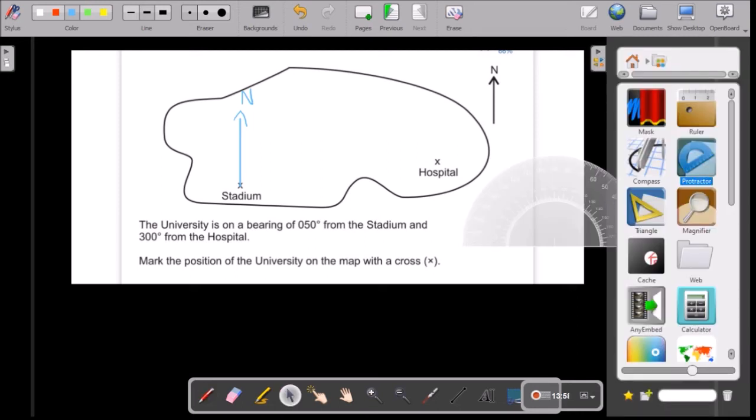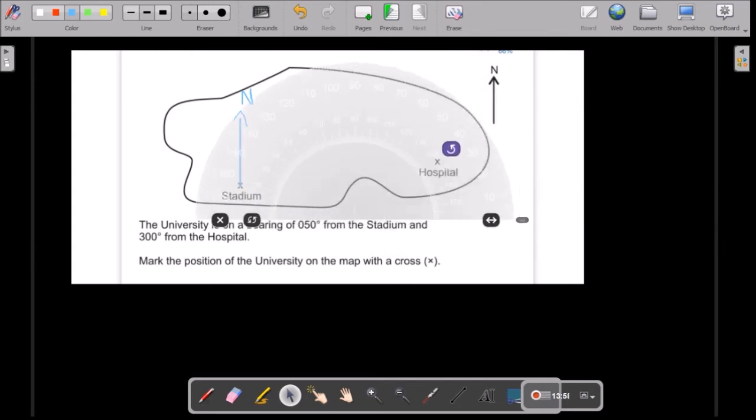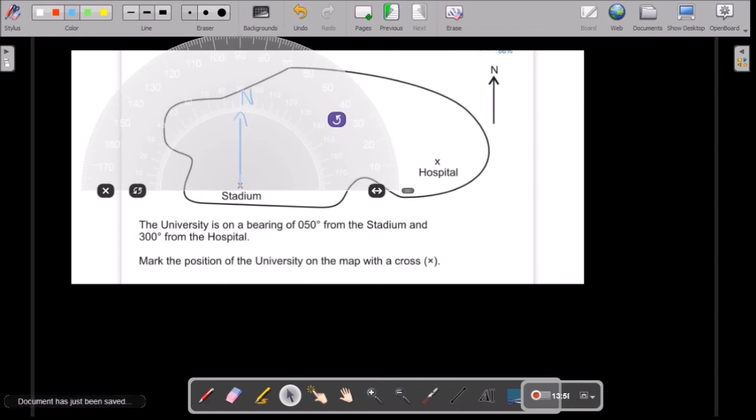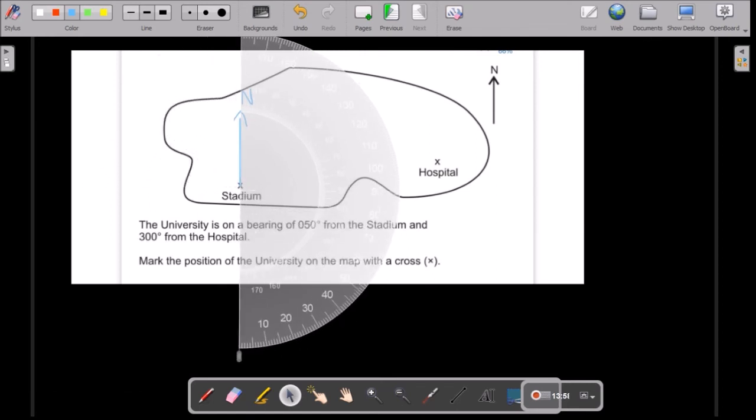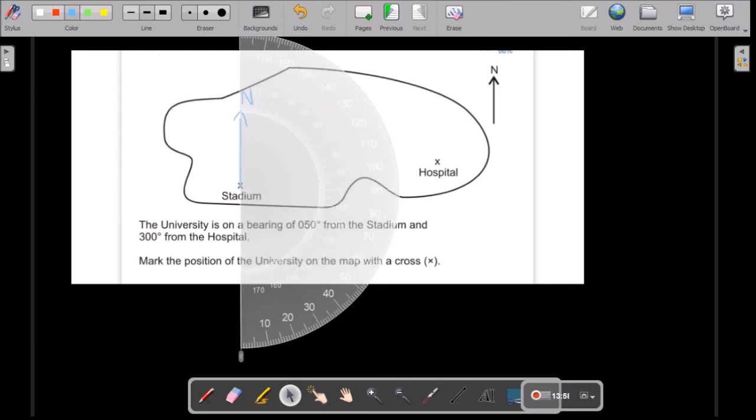and let me label it. So I draw an arrow, label it with an N. Okay, I need to use my protractor, and the bearing is an angle clockwise from the north. I'm going to make it slightly bigger because the background's white. It'll be a bit difficult for you to see the angle accurately, but we will try regardless.